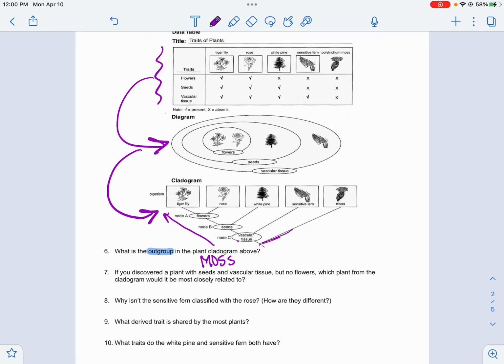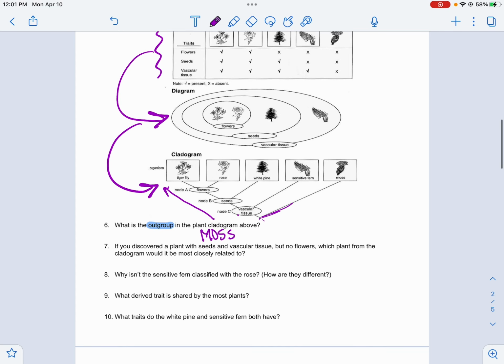Number 7, if you discovered a plant with seeds and vascular tissue, but no flowers, which plant from the cladogram would it be most closely related to? All right, so seeds and vascular tissue, but no flowers. Okay, so if we look up here at the chart, right, the white pine is the closest.